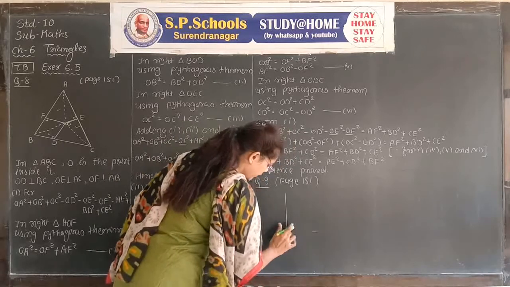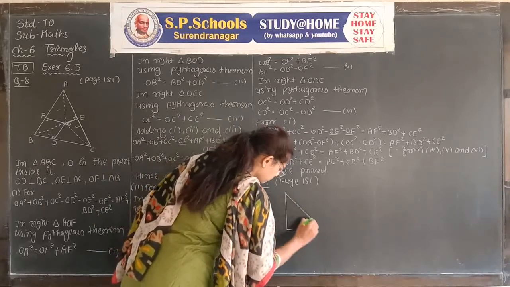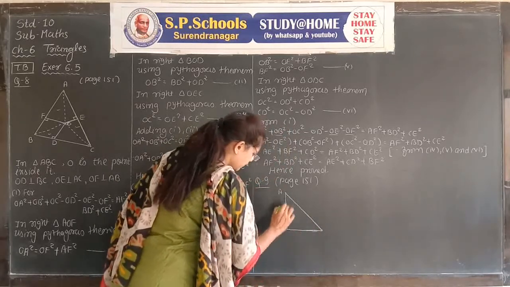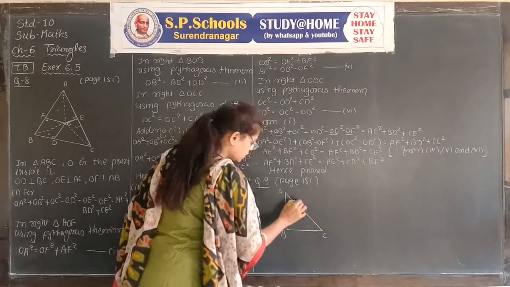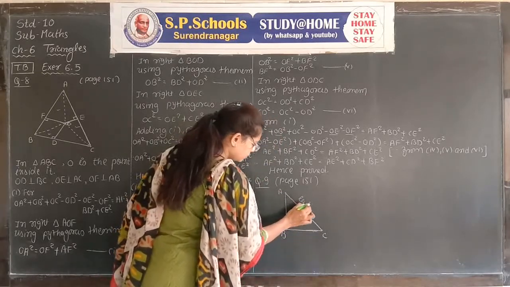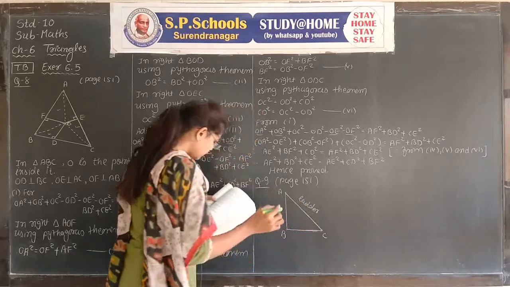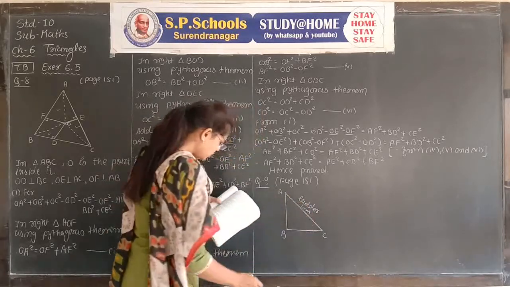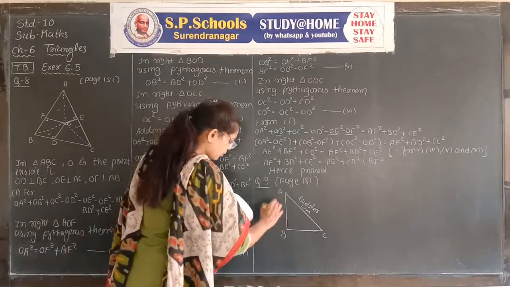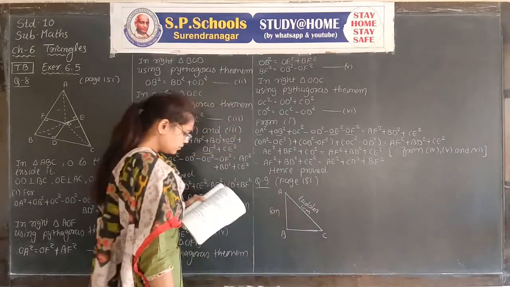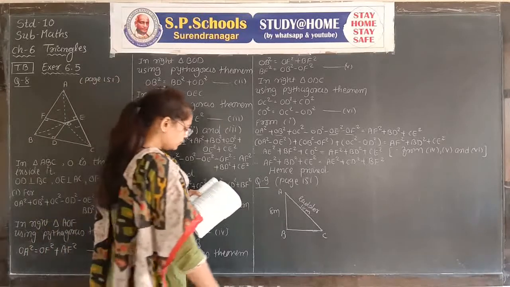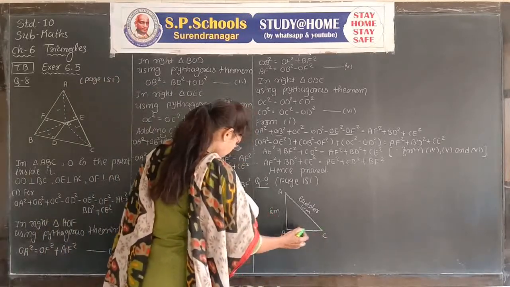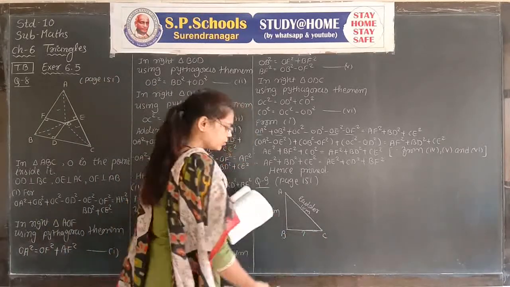It is a ground level. Inclined is the ladder ABC, in which AC represents the ladder. AB is 8 meter. Find the distance of foot of ladder C from the base of wall B. It is a question mark.